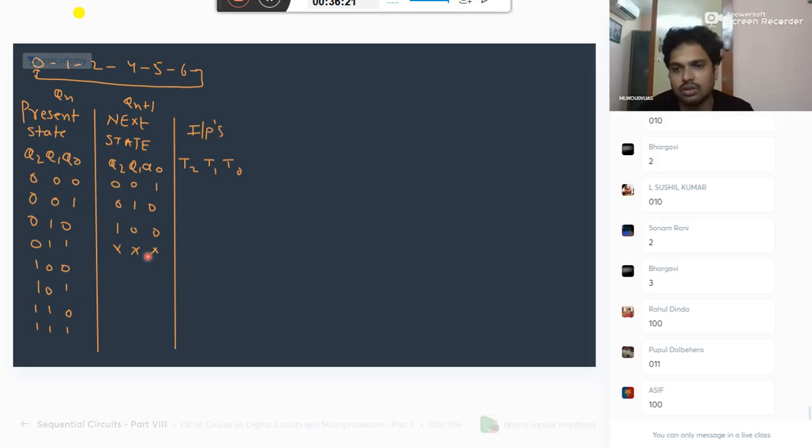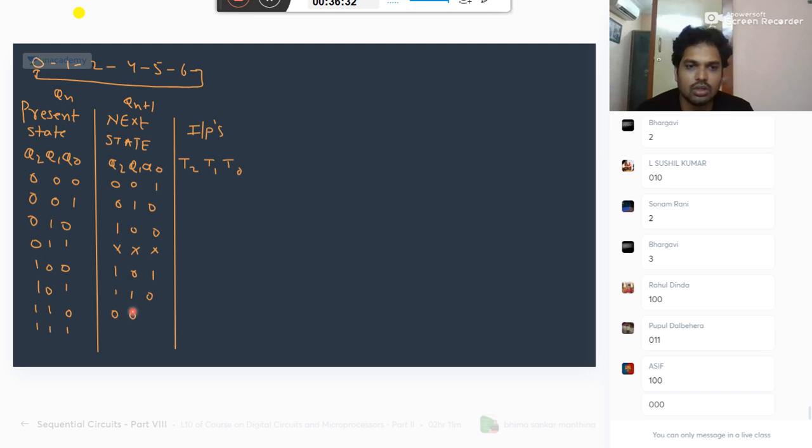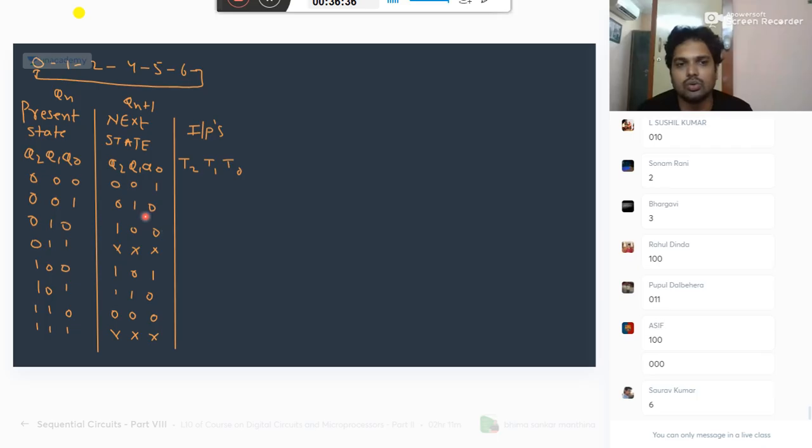Take don't care. Next 4. 5. 5. 6. 6 connect state is 0. Again 7 is not used. Don't care.